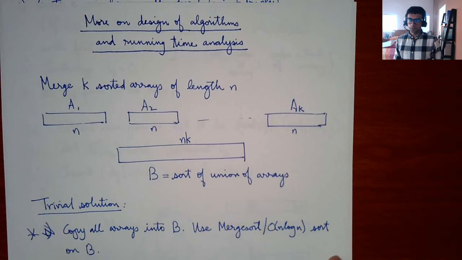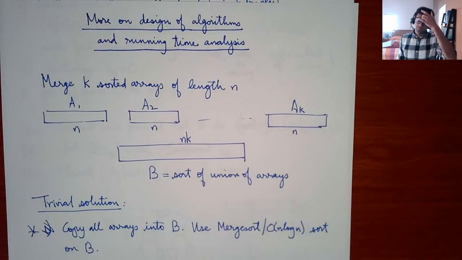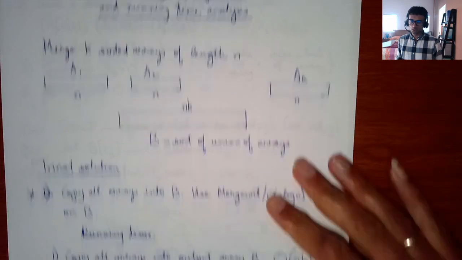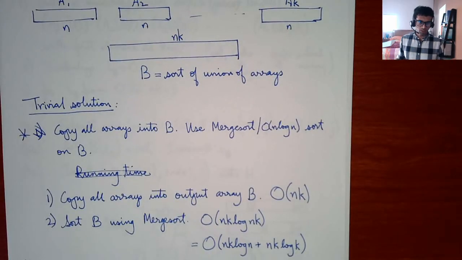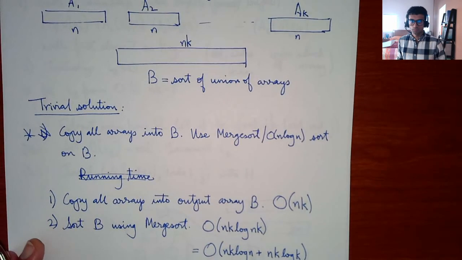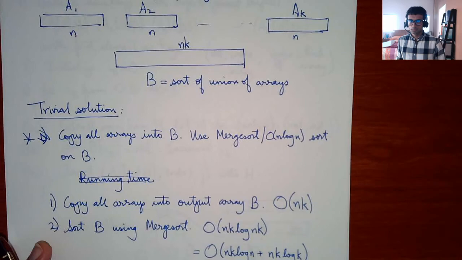You're merging k sorted arrays. That's where we're starting. If they were not sorted, then you wouldn't be able to merge. Okay, that makes sense. If they were not sorted, then all you can do is the trivial solution of copying everything into one array and just sorting it.